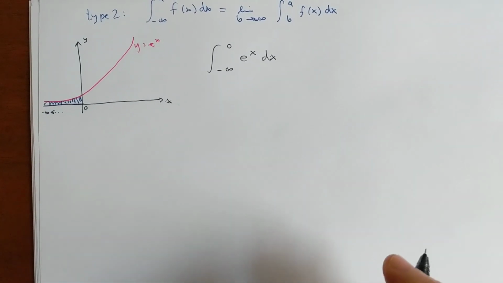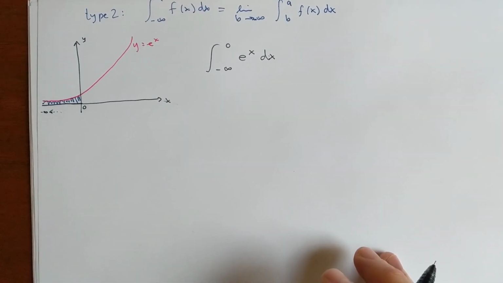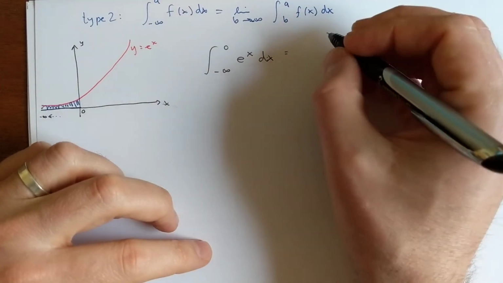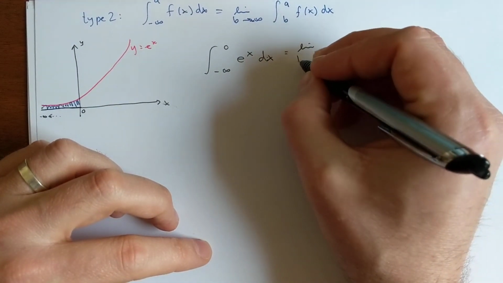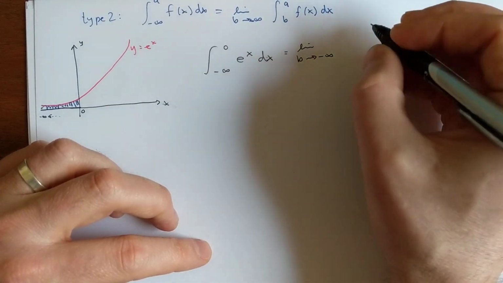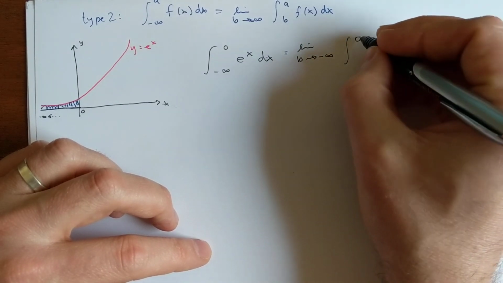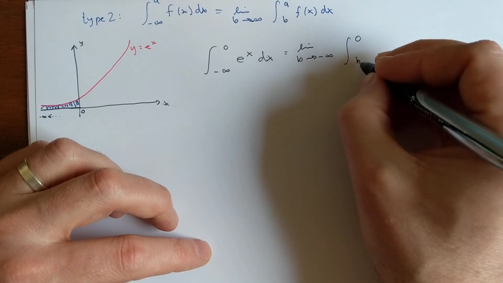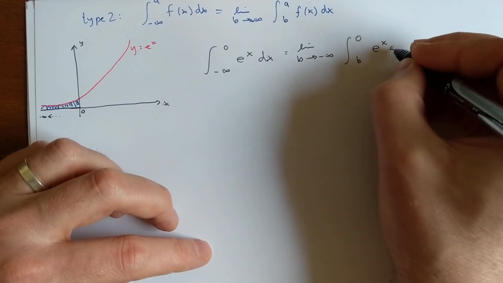Let's apply the rule here, which is using the limit definition. Okay, so let's take the limit as b goes to negative infinity. Our a in this example is 0, and we're going to call this b and go e to the x dx.